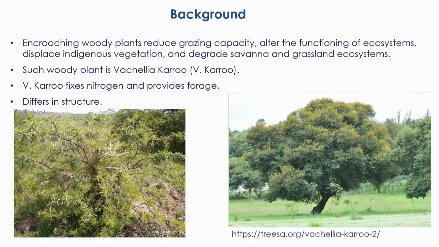Vachelia karoo is a leguminous plant, which means that it fixes nitrogen and provides forage for goats. It differs in plant structure from small bushes to tall trees. Its occurrence has been reported in many parts of the world and also in Southern Africa.